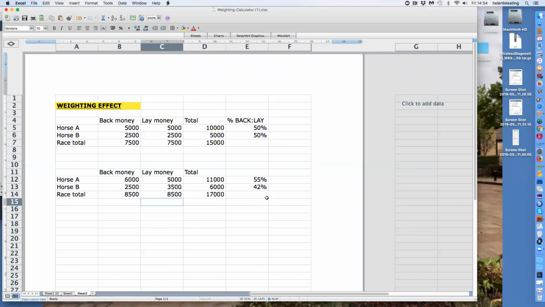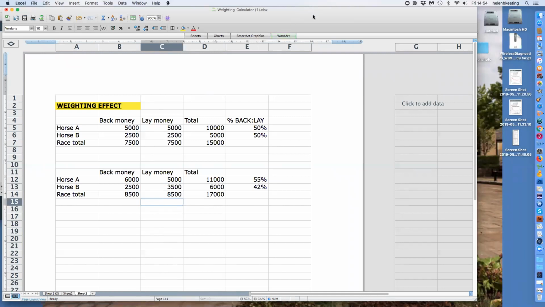That means the £1,000 makes less difference to the overall standing of horse A than horse B, i.e. horse A's price will be more stable, because the same amount of money will be less influential on the overall amount of money that horse takes than on an underweighted horse. So basically, if your horse is overweighted, it will have a more stable price.